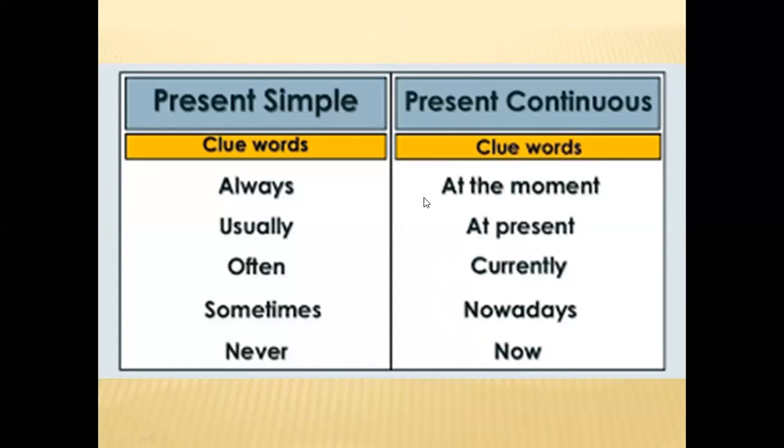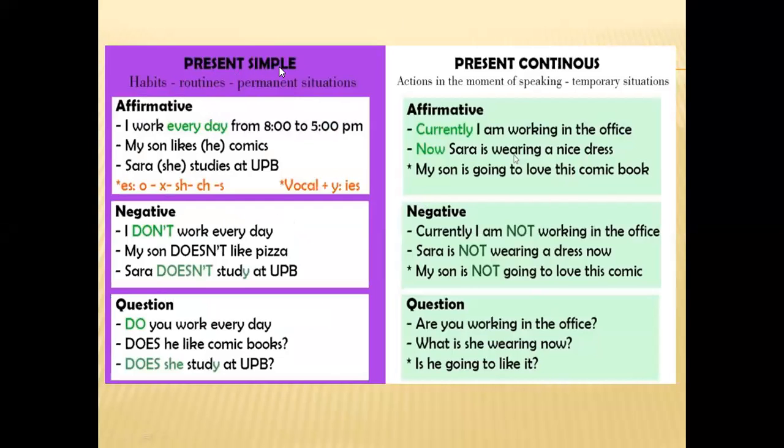Let's remember some structure. Present simple. We use it for habits, routines, and permanent situations. In the affirmative form, with subjects like I, you, we, and they, we just put the verb. I work every day from 8 to 5 p.m. If we talk about he, be careful because we have to put the S in the verb.